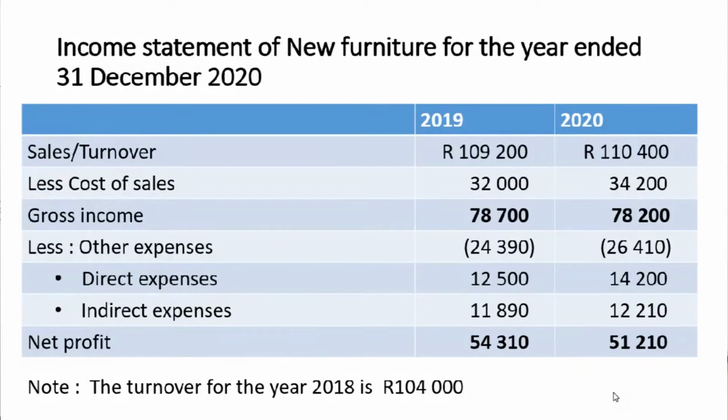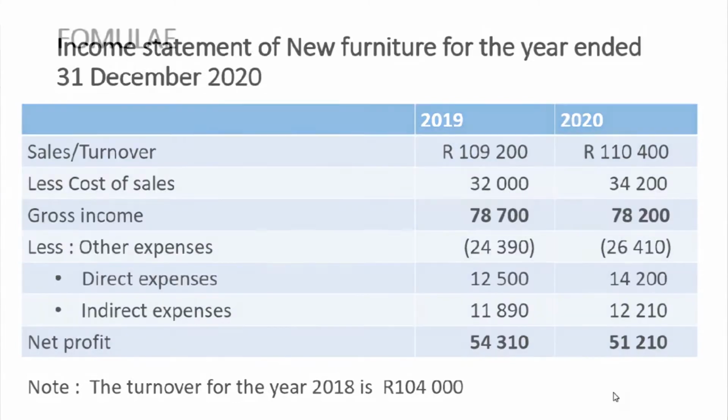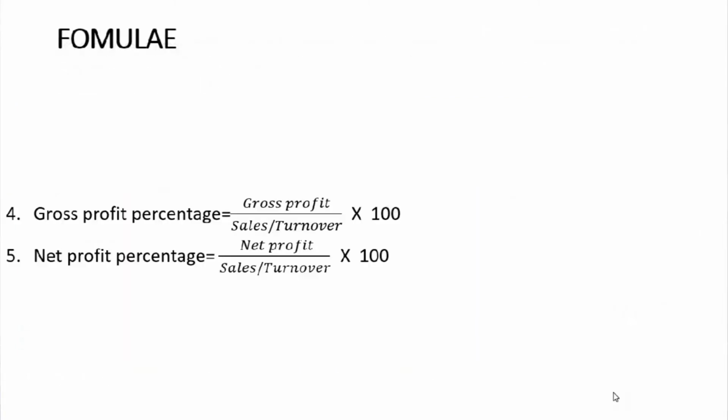We are going to use these 2 consecutive years, 2019 and 2020. Let us go back to our table and apply the formulas. Let's calculate the turnover performance ratio.